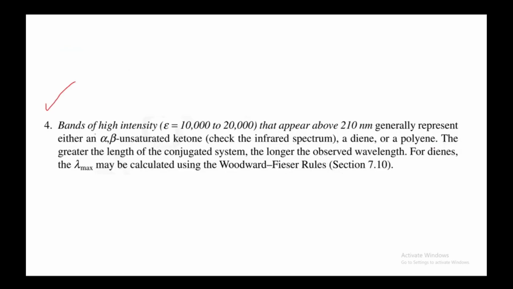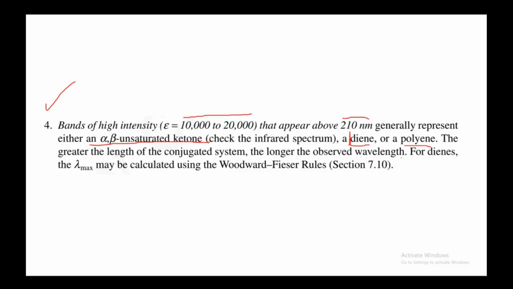Guideline number 4. Bands of high intensity, 10,000 to 20,000, that appear above 210 nanometer generally represent either an alpha beta unsaturated ketone, for which you can take help from the IR, a diene, or a polyene. The greater the length of the conjugated system, the longer the observed wavelength.